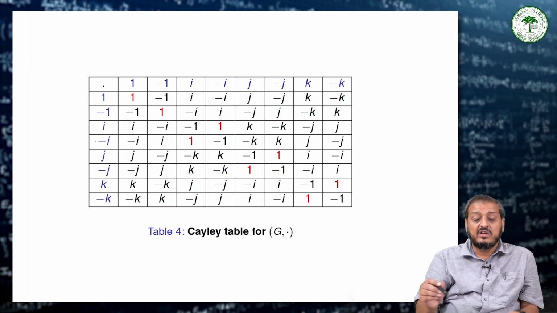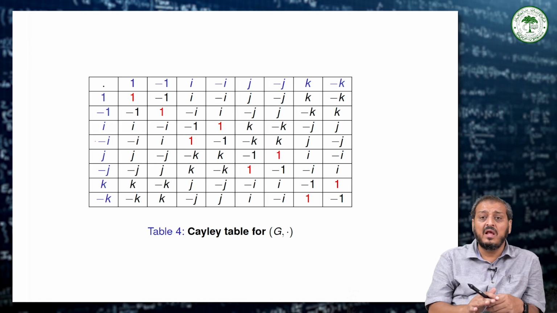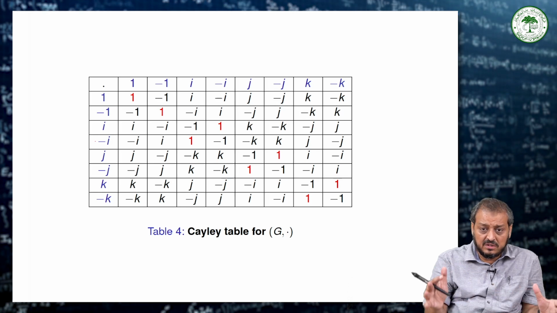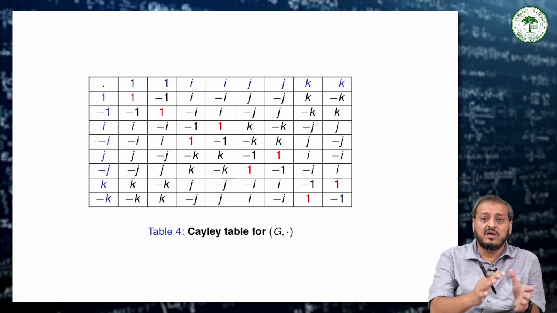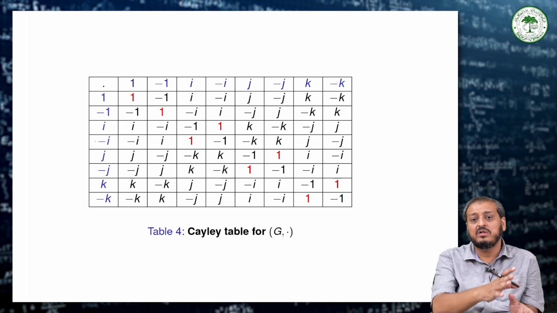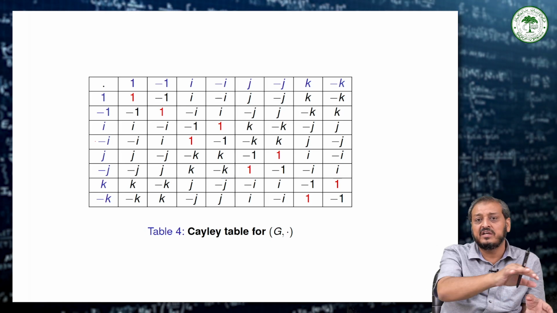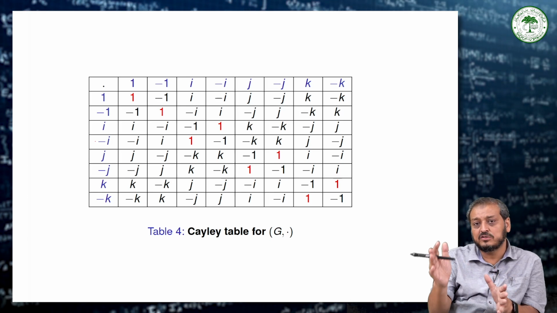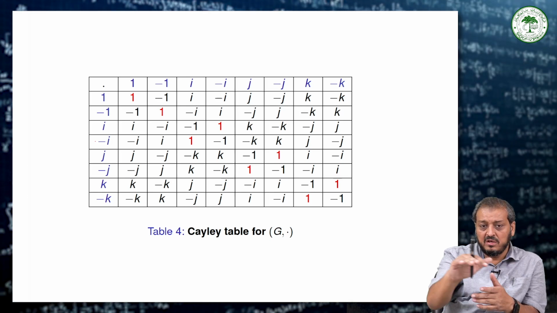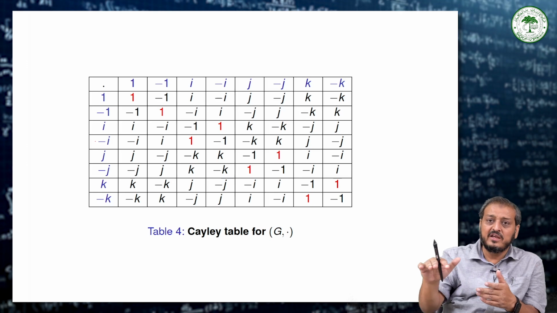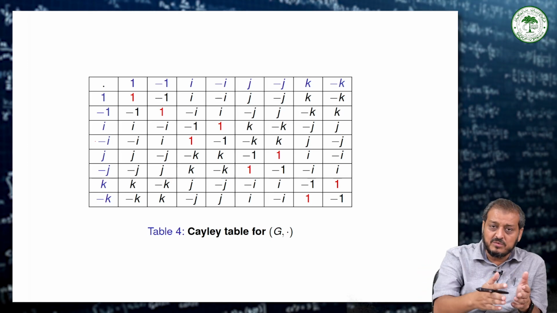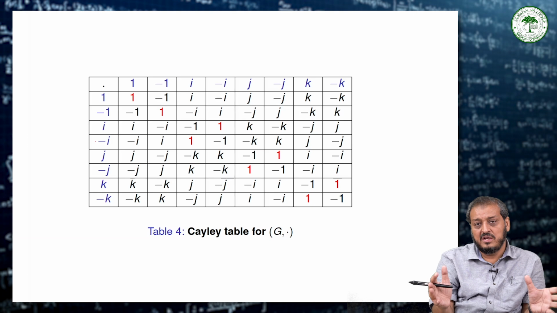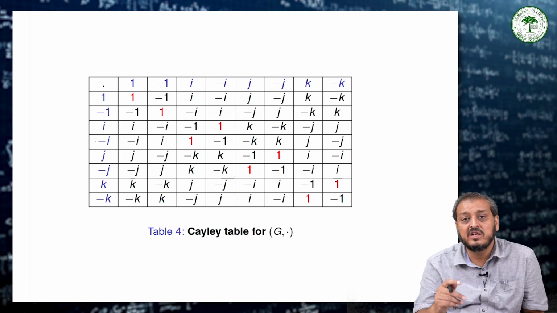So we complete the elements of this table, and now you see that all the elements are uniquely represented in each row and each column. Each row contains the elements of the set G, each column also contains the elements of G, and each appears once in each row and each column.